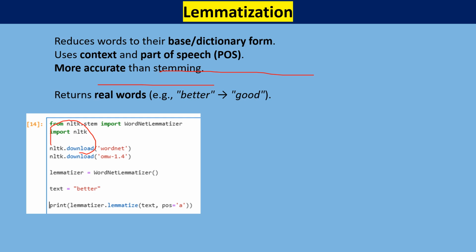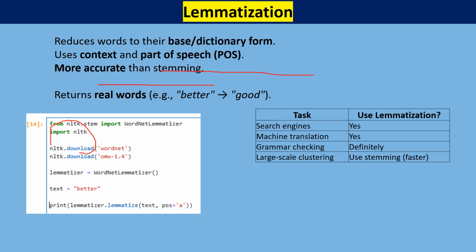While stemming might turn running into run, it could also turn universe into a non-word. Lemmatization ensures that every result is a real word. Context matters, making it ideal for tasks where grammar or meaning is important, like question answering or chatbots. So here, better becomes good.